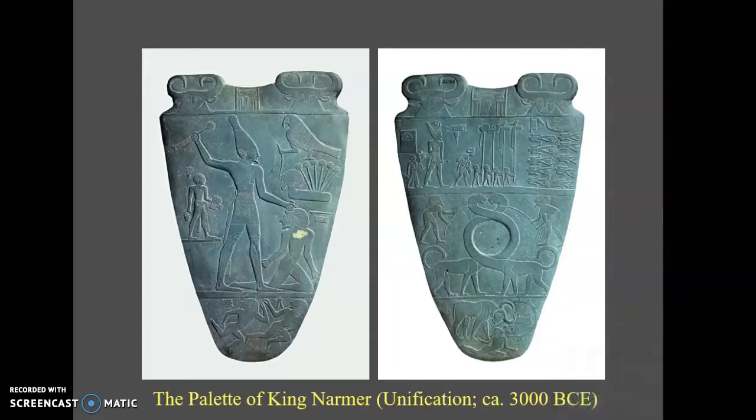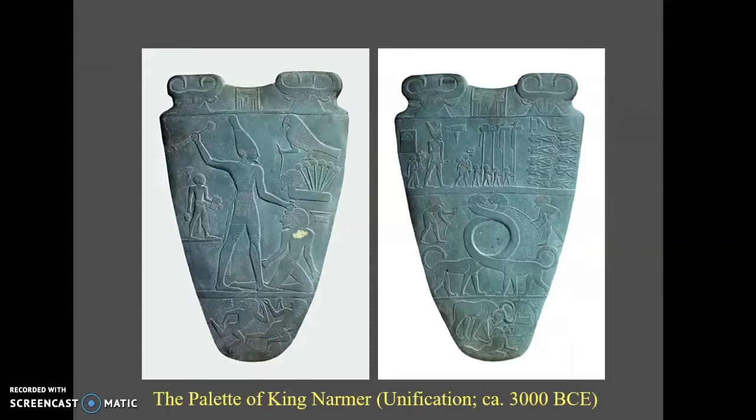Let me make myself disappear here for you to read the caption that I'm presenting. So our first object associated with this very early dynastic unification period of Egypt, so this is pre-Old Kingdom, from circa 3000 BCE, is called the Palette of King Narmer. And the Palette of King Narmer is an object that is made of slate, that dark stone they used to use to make chalkboards back in the day.